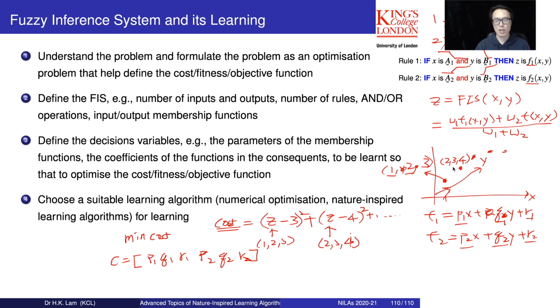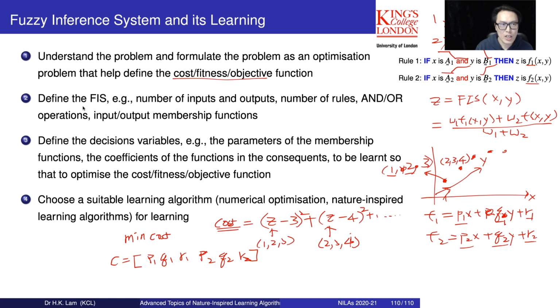Okay. Now, just to summarize what I just mentioned, the first thing we do when using the fuzzy inference system for learning is to understand what the problem is. If it is a curve fitting problem, we formulate it as a curve fitting problem and put it as a minimization problem, that is, define the cost function, fitness function, or objective function.